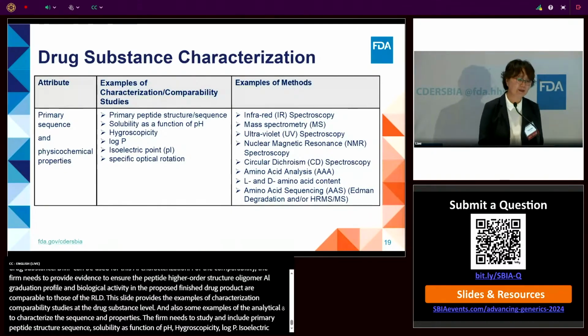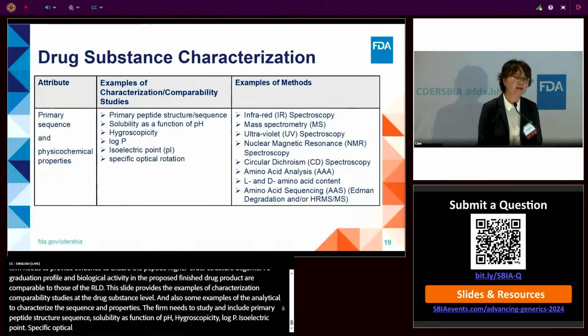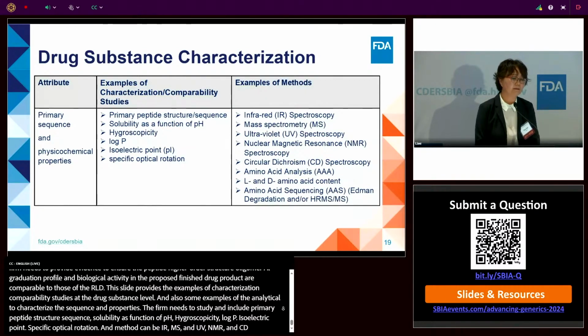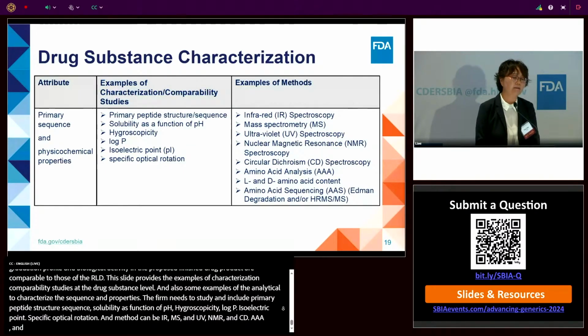The analytical method could be IR, MS, UV, NMR, CD, AAA, L and D amino acid content, AAS, Edman degradation, and or high resolution MS.